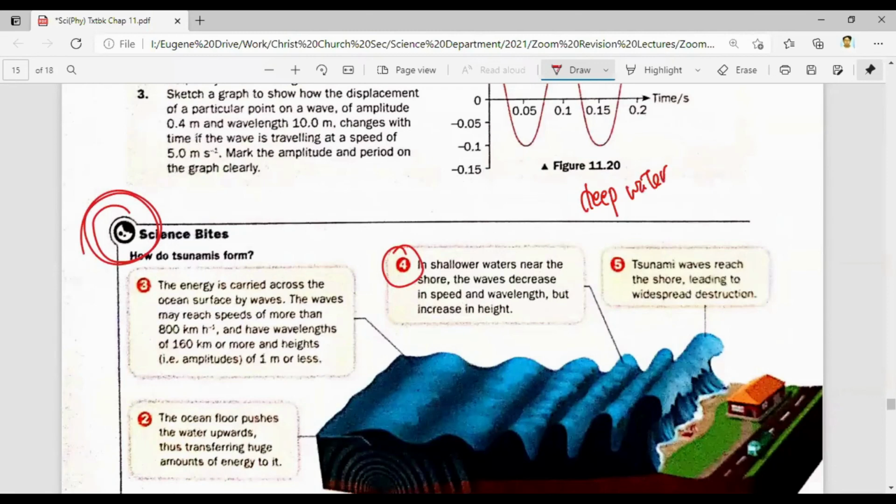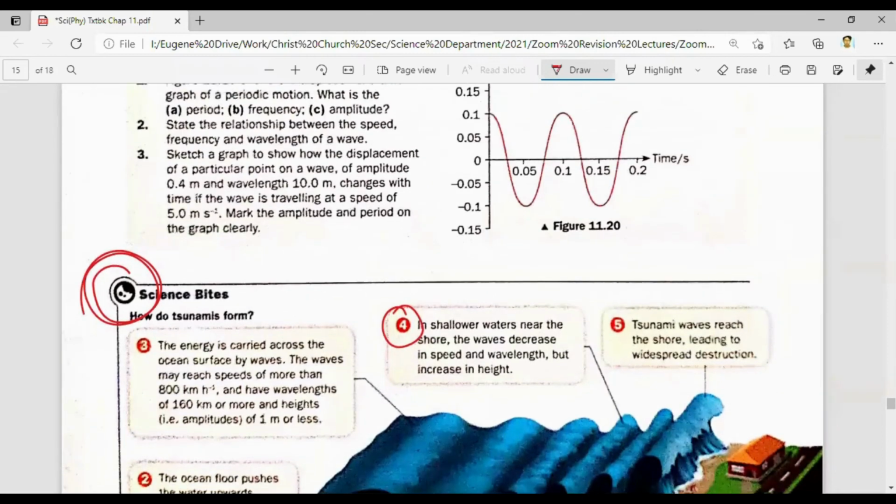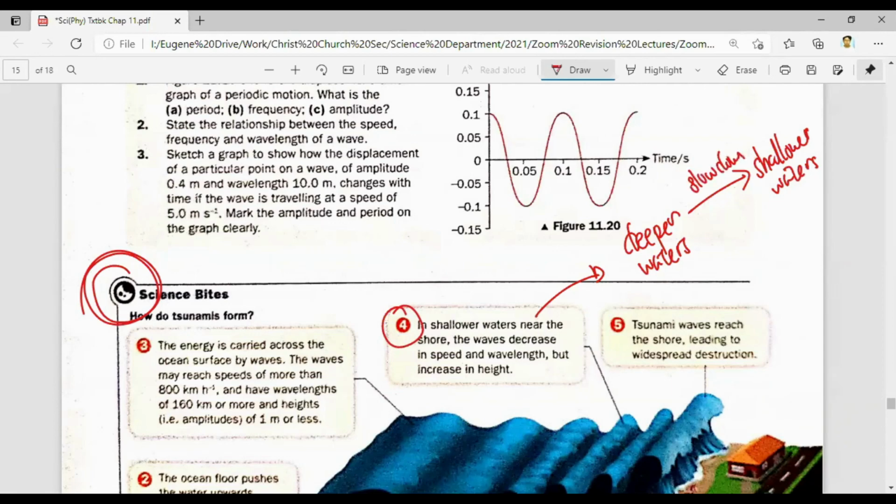So from deeper waters to shallower waters, the wave speed decreases. It means that the wave actually slows down.